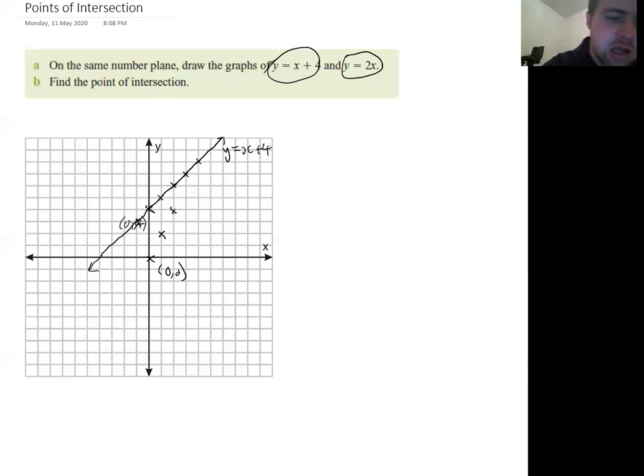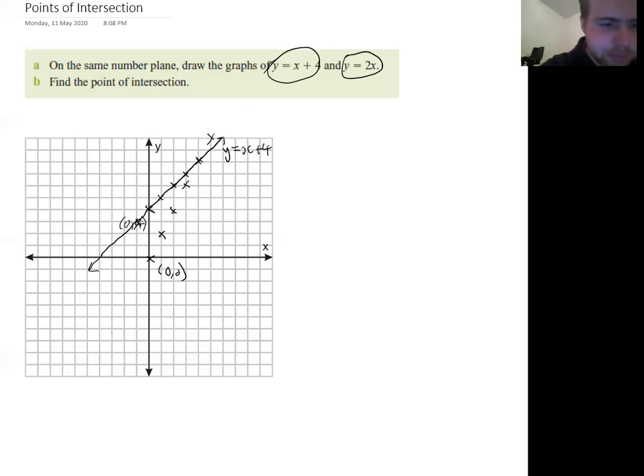And you can see this trend continue on. And what's our next point going to be? It's going to be when x is 3, y is going to be 6. And then when x is 4, y is 8. And when x is 5, y is 10.